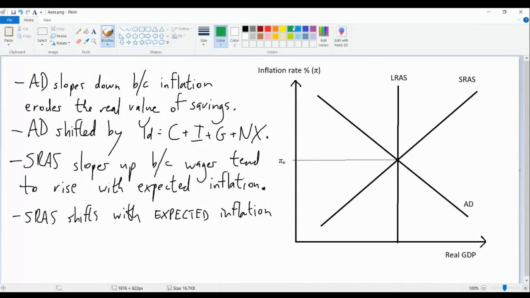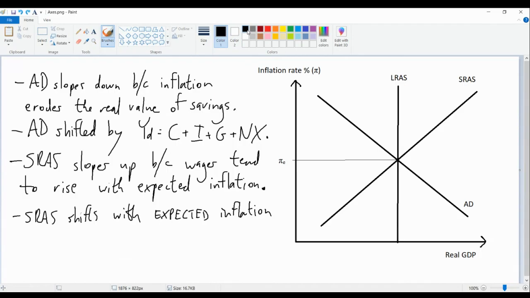If something happens that increases your expected inflation, let's say you've observed higher than expected inflation rates for years, so you figure, well, I guess I was wrong, I expect higher inflation, then this curve would shift up. Similarly, if for years you observe inflation that's lower than what you expected, then you might adjust your expectation, so this curve would shift to correspond to that lower expected inflation.